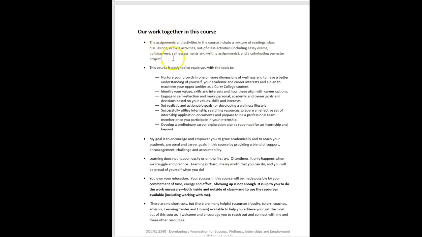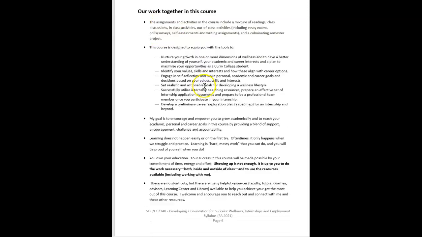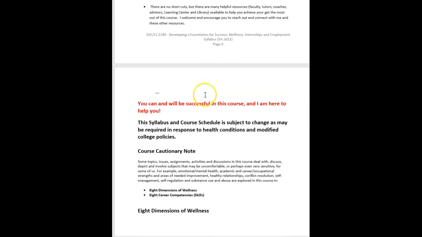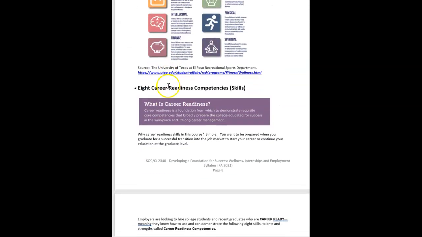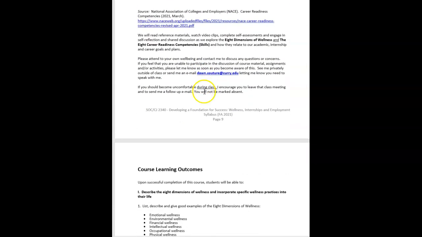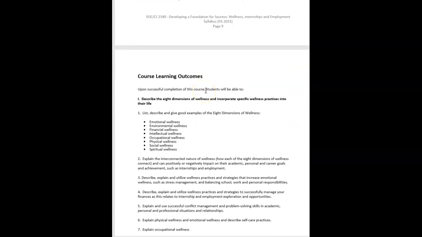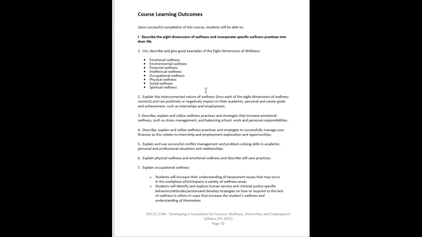Okay, I covered our work together in this course in the introduction to the course video. I covered the cautionary notes in the introduction to the course video and invite you to go back there. The course learning outcomes I mentioned in the course overview video.